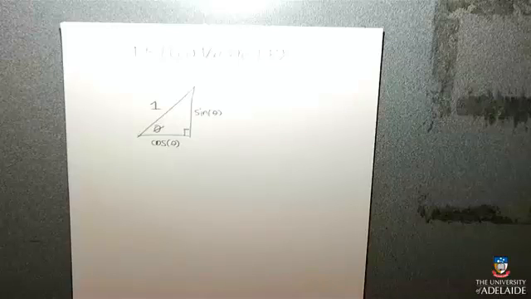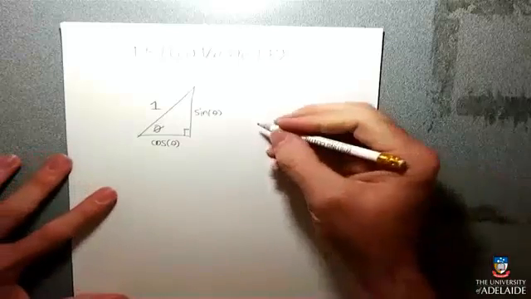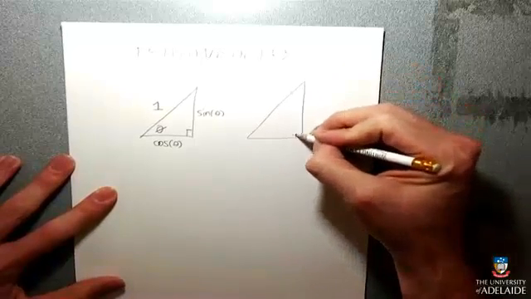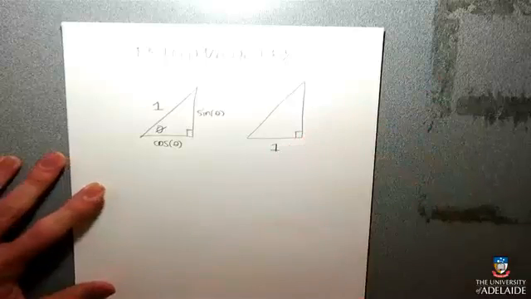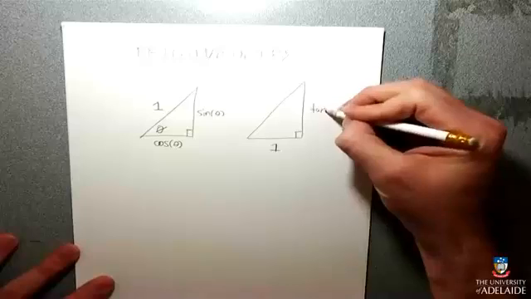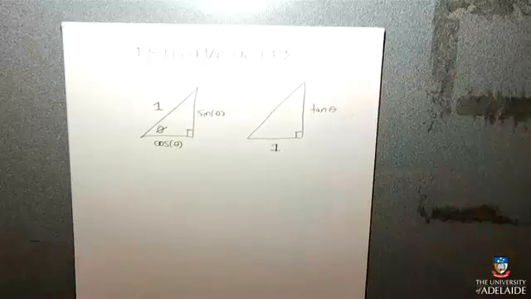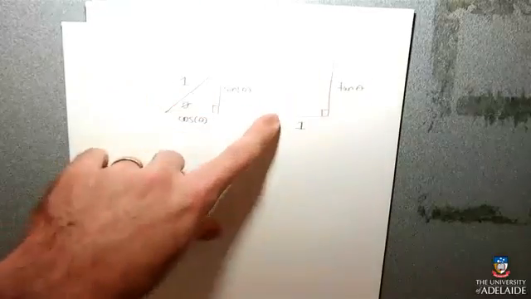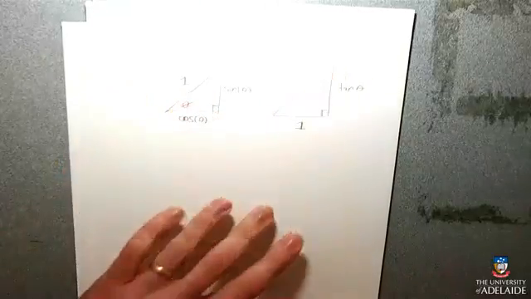All right, so the other one that is very common is this one, where you put the 1 on this side. And if you put the 1 on that side, then this is tan theta. And the tan theta is essentially telling you about the slope of this line here. As it goes across 1, it goes up tan theta, which is exactly what slope is.